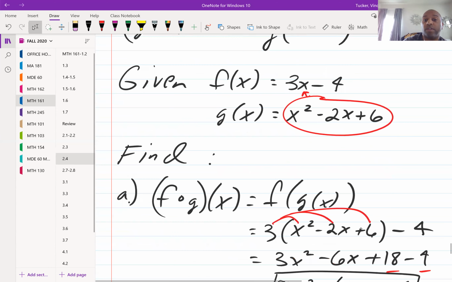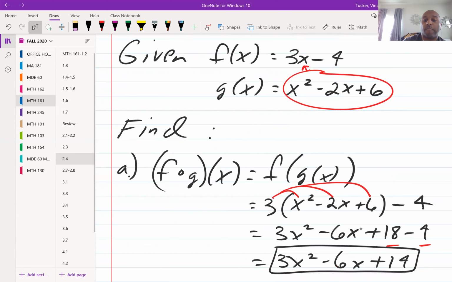So that's what we did here. Where I saw x, I plugged in g. So that's why you see 3 times x squared minus 2x plus 6. And that minus 4 is still back there.